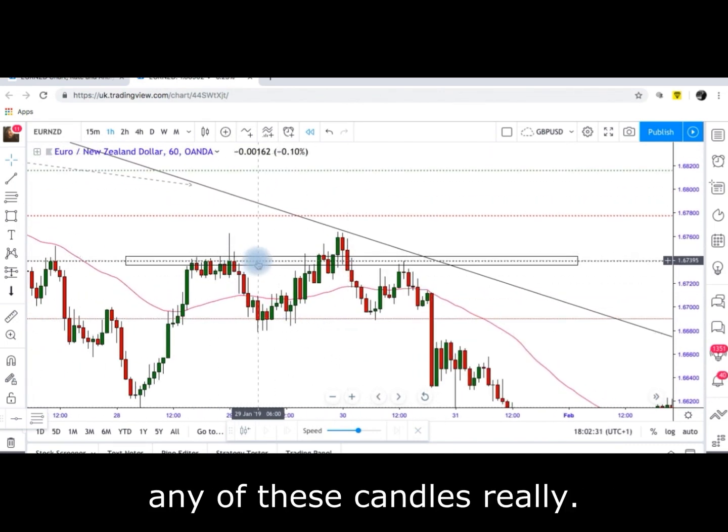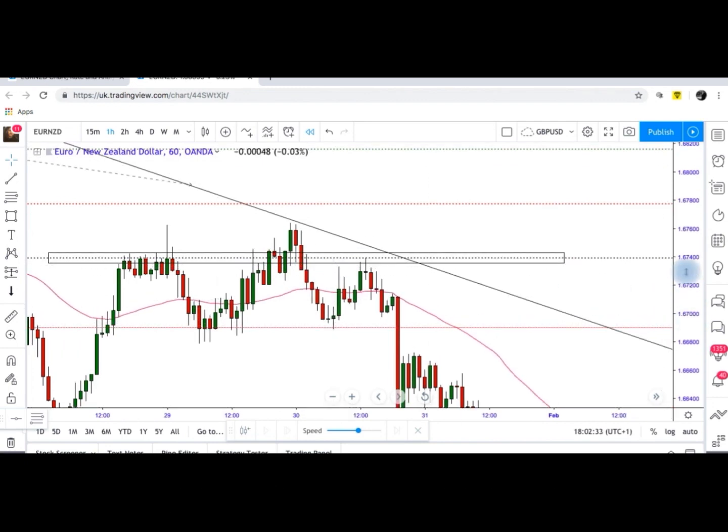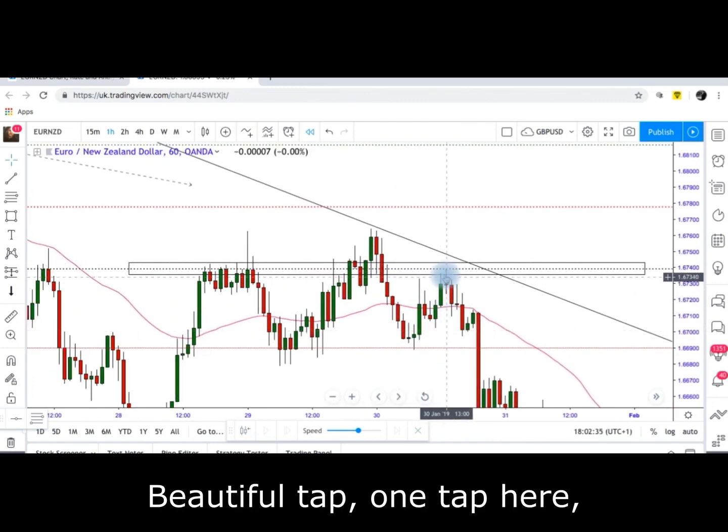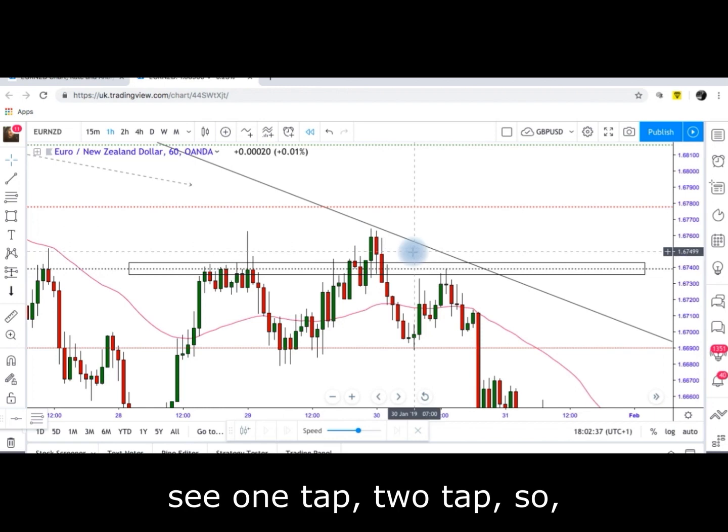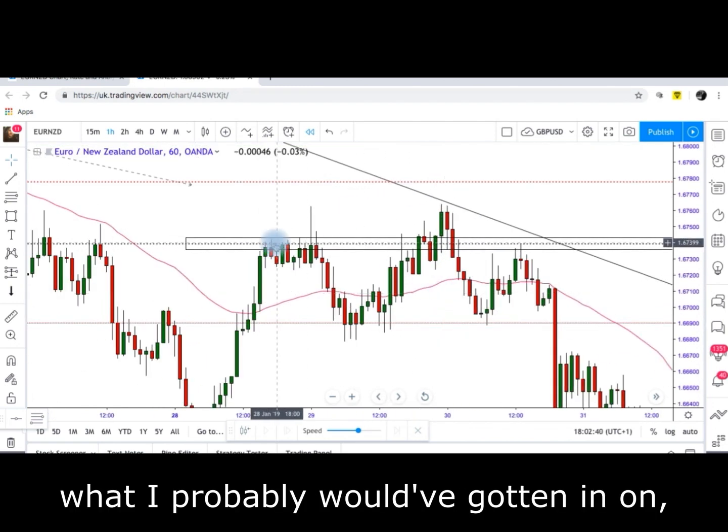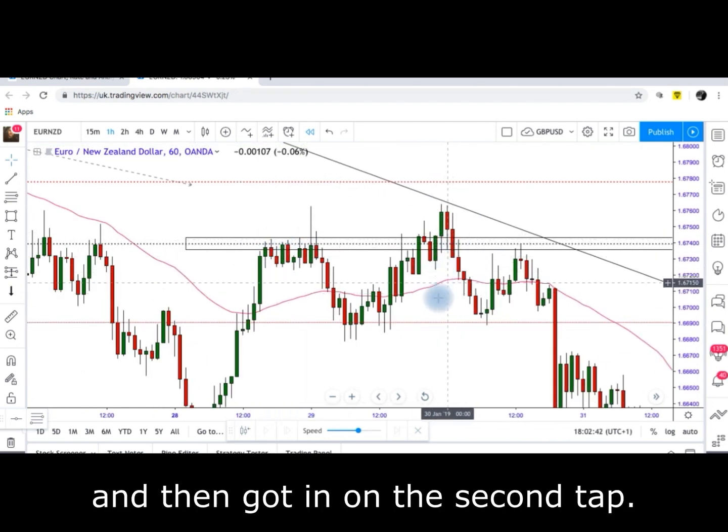Wow, I mean, you could have come off any of these candles, really. Beautiful tap. One tap here. So one tap, two tap. So what I probably would have done is waited for this first tap and got in on this second tap.